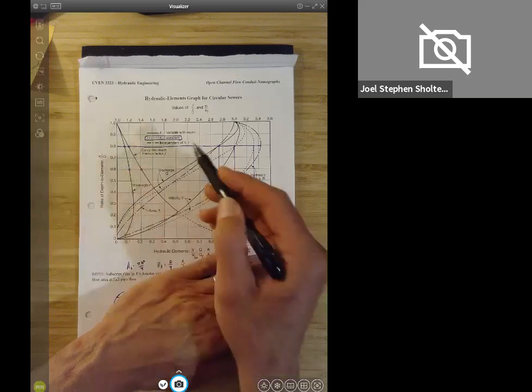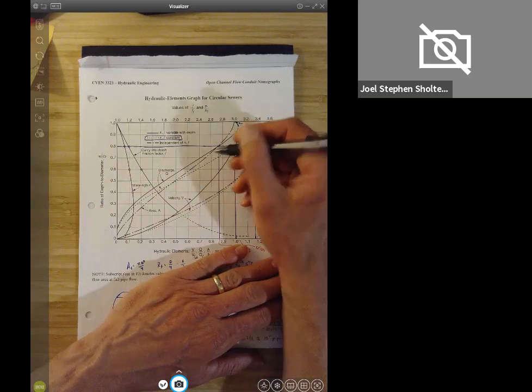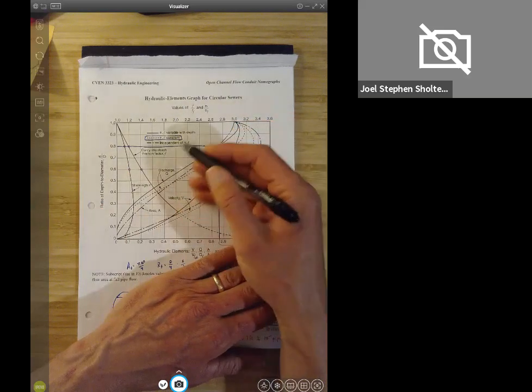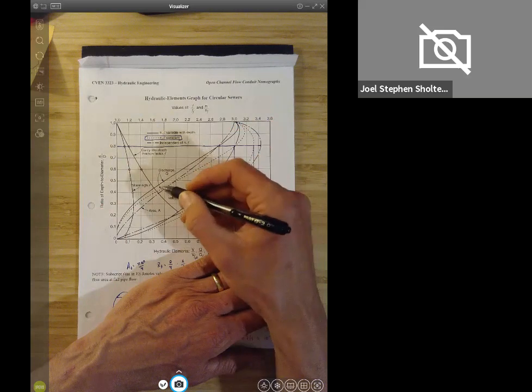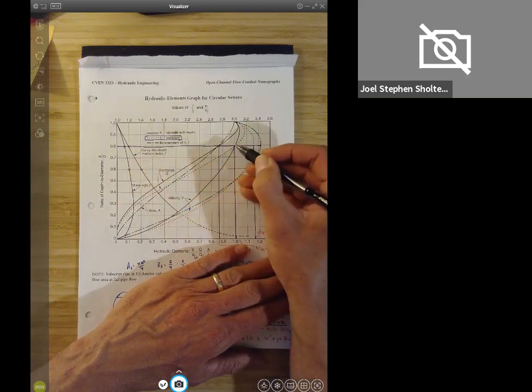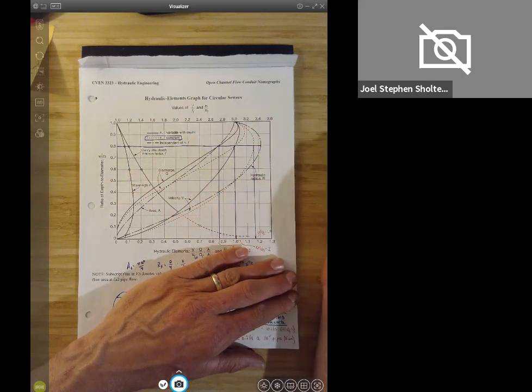Now we'll trace across, and there's a lot of lines here, so we got to keep them straight. Let's look at discharge, and we're going to say that n is constant with depth, that was given in the problem. So the Manning's roughness doesn't change as the depth increases. So that means we're going to be on this dotted line right here. Okay, so that intersects our 0.8. And then we come down, oh, look at that, it's 1. Okay, so that's pretty convenient.